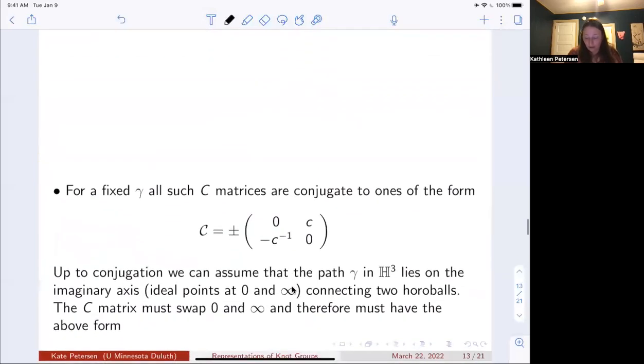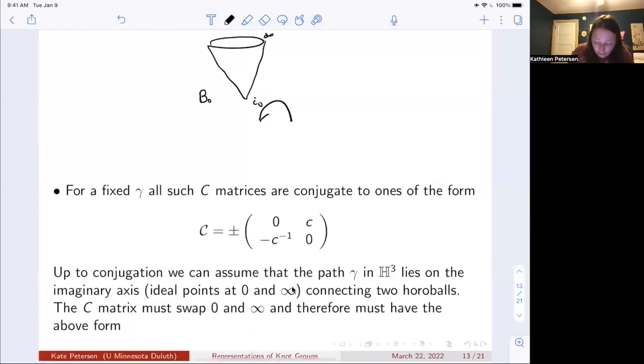Okay, similarly, what's going on with the C matrices? I want to argue a similar thing. I have a favorite C matrix, which is the one that takes my favorite banana, B naught, that's the one that the meridian lies on, to my second favorite banana, which has the preferred ideal point at 0.